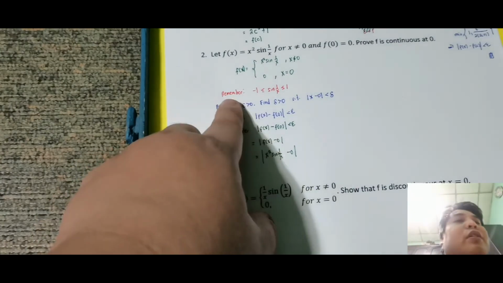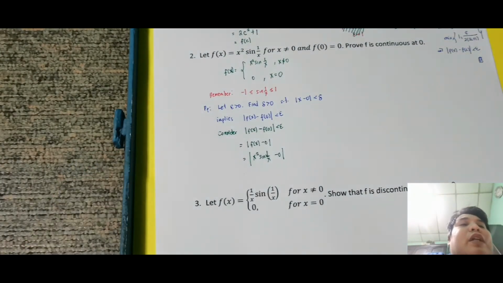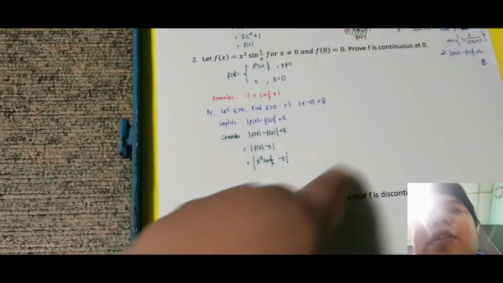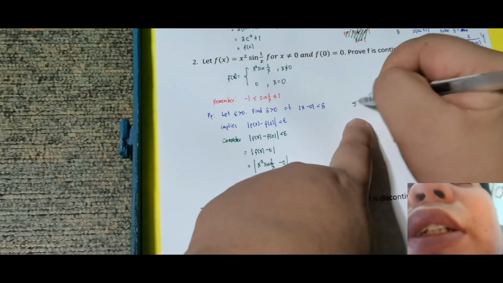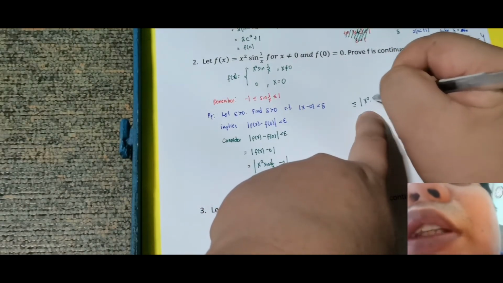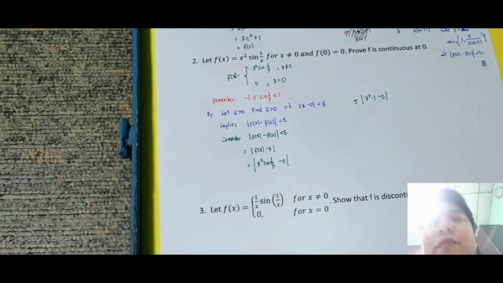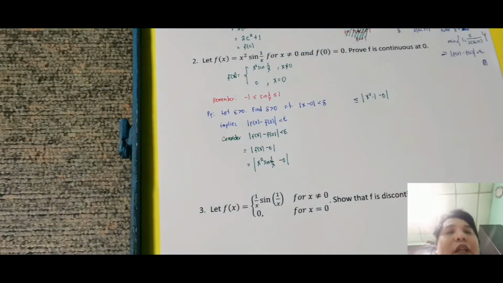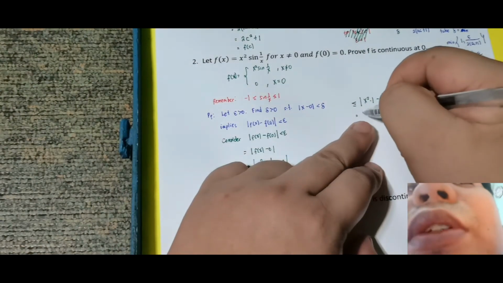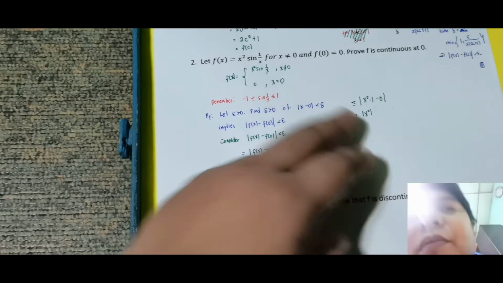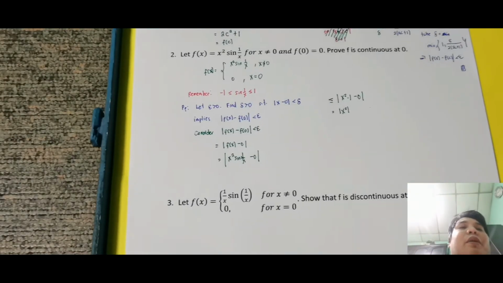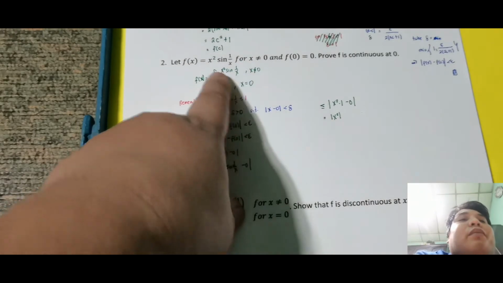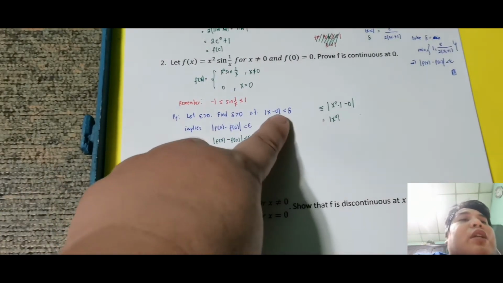Then gamitin ko yung ginamit ko na remember na si sine 1 over x is less than or equal to 1. So, this is less than or equal sa x squared times 1 minus 0, which is equal sa absolute value of x squared. Ngayon, babaguhin ko konti para magamit ko yung x minus 0, kasi ito yung ginagamit.